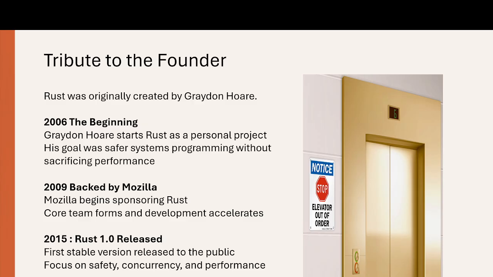The elevator in his apartment had a habit of malfunctioning. It would occasionally stop functioning and would require a reboot before it could be used again. Graydon Hoare thought to himself, why do these ordinary machines like elevators still crash? They were not hardware problems, they were software problems.